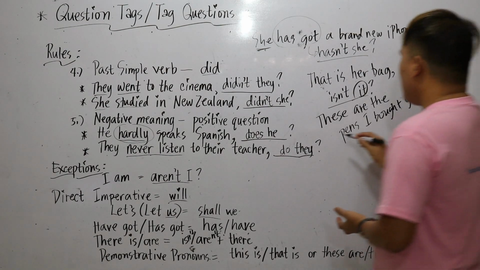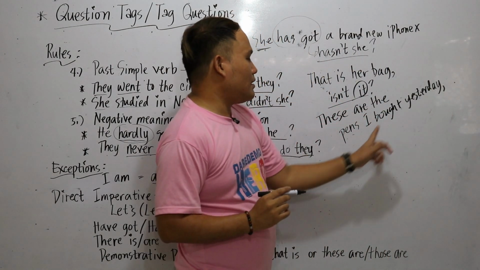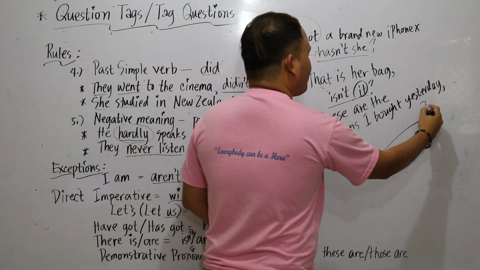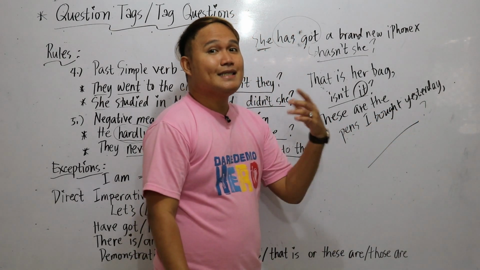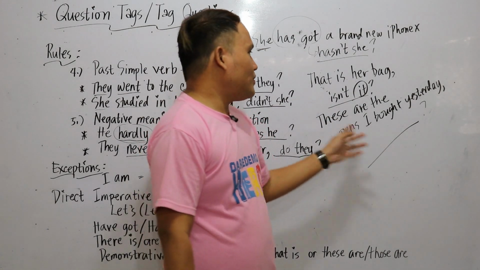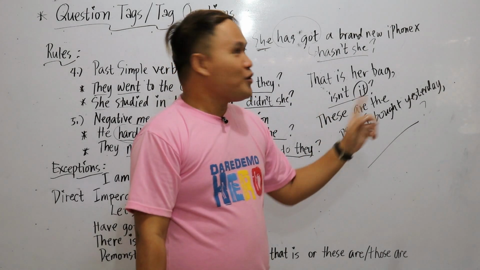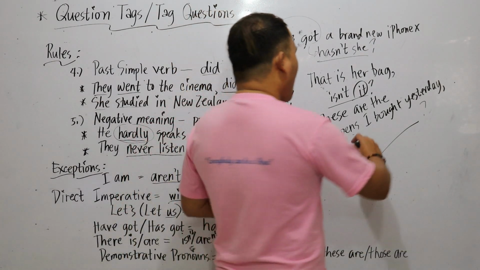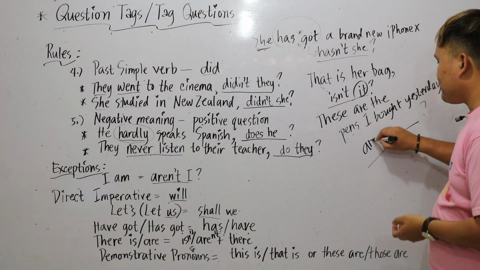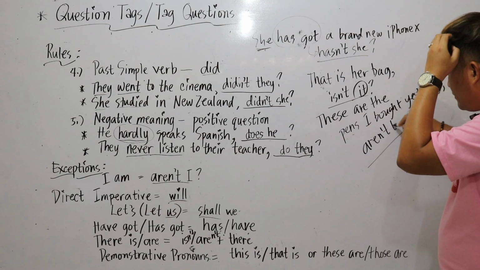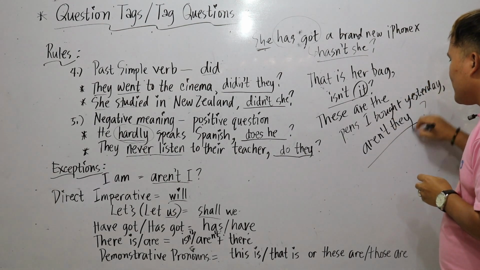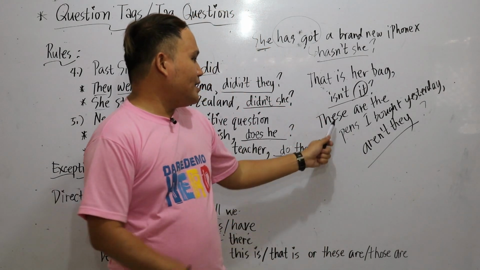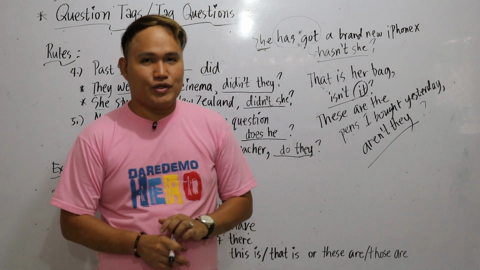Our tag question should be aren't. Since we use plural, we don't use it anymore. Instead we use they. So we use aren't they? You don't say aren't these, aren't they. Positive statement, negative tag question.